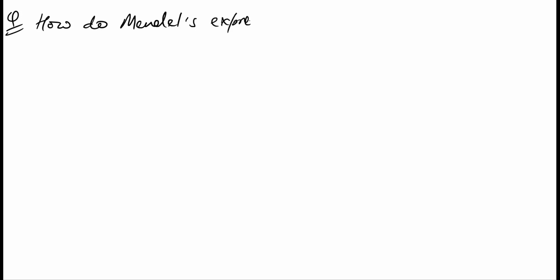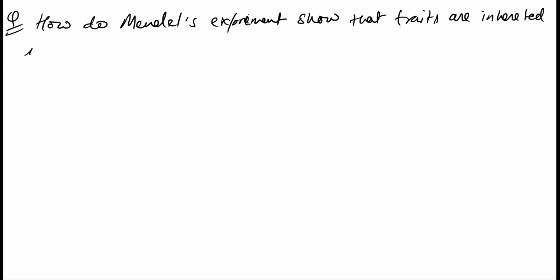The question comes in examination: how do Mendel's experiments show that traits are inherited independently?